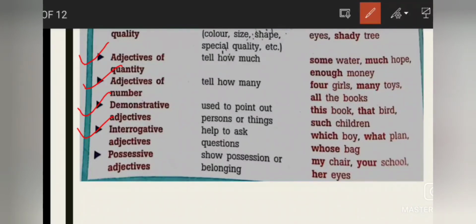Which, what, whose are interrogative adjectives. Number 6. Possessive adjectives show possession or belonging. Examples: my chair, your school, her eye. In these, my, your, her are possessive adjectives.